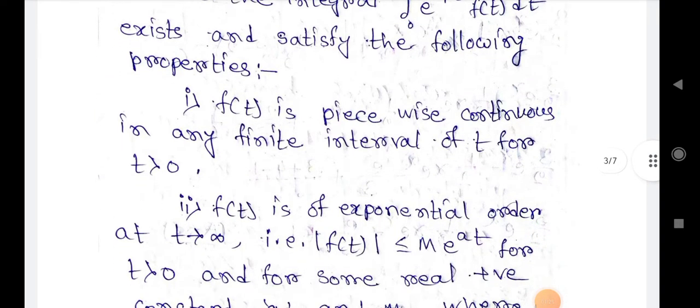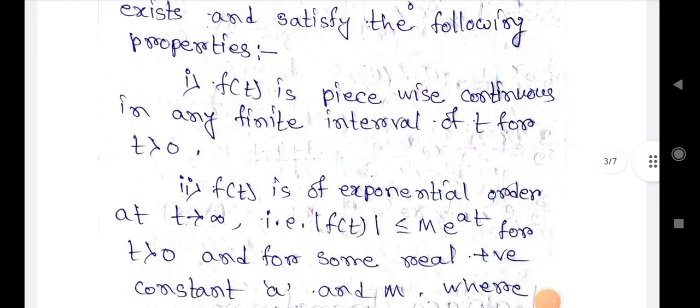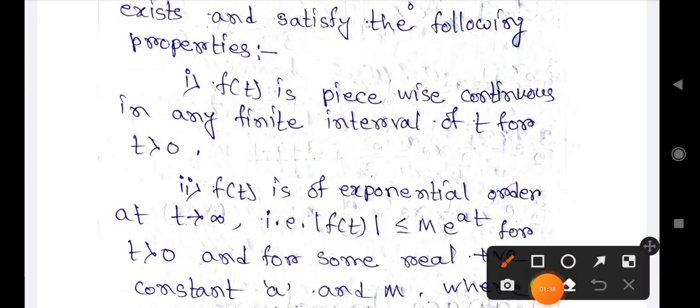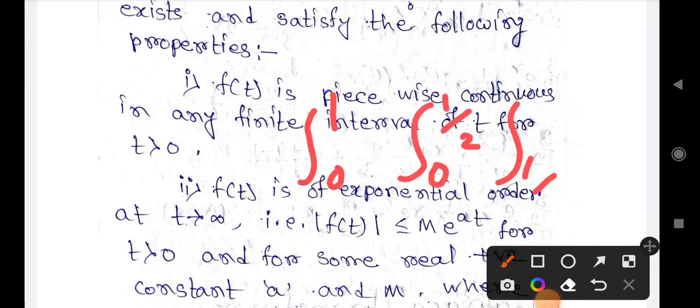Number 1: f(t) is piecewise continuous in any finite interval of t for t greater than 0. For example, if f(t) is continuous in the interval 0 to 1/2, and 1/2 to 1 is also continuous, then it is piecewise continuous.